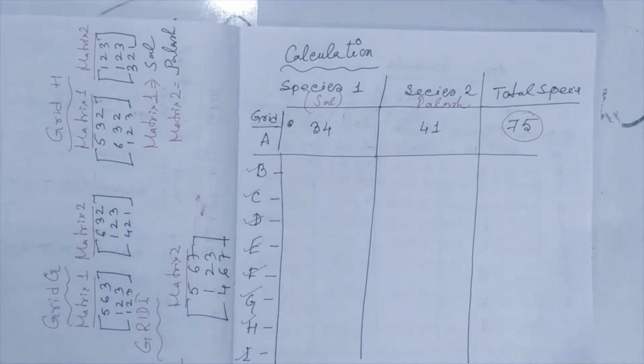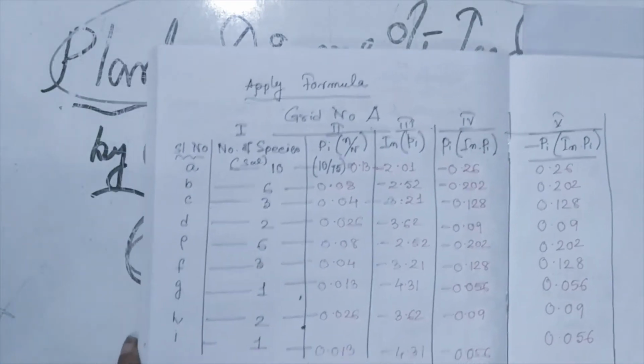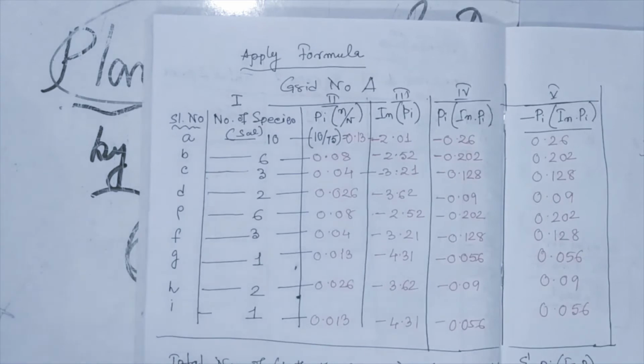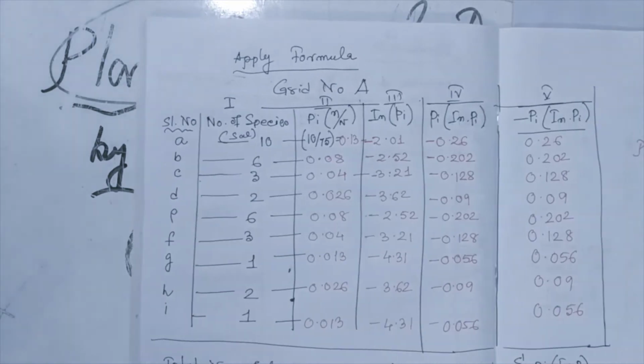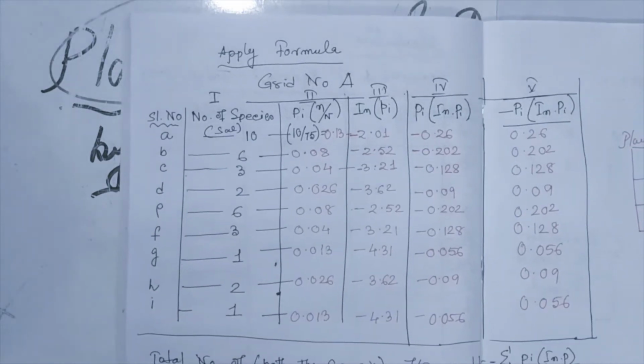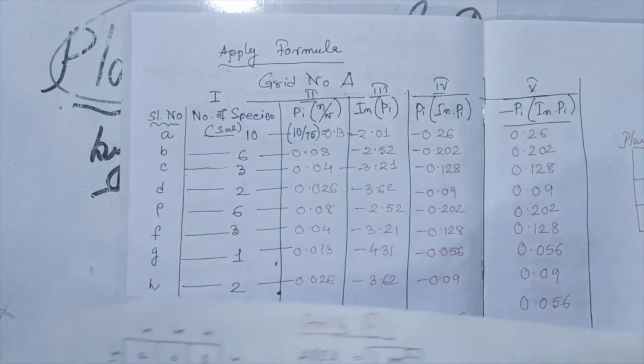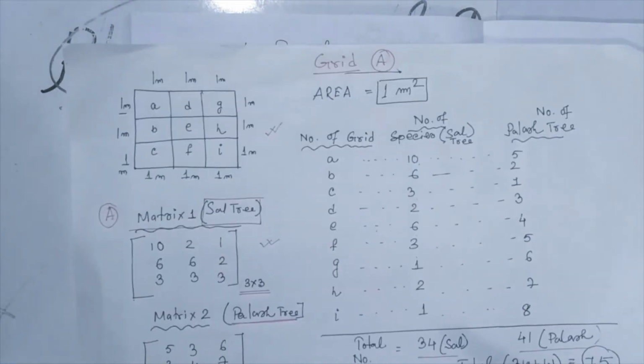Okay, next go for the formula. Now apply the formula. I think you have already learned how to apply the Shannon-Wiener method to identify the plant diversity matrix. Here we took grid number 1. Suppose this is the data of grid number 1.